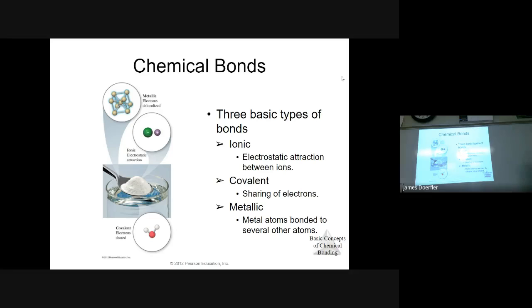Again, that should not be a new concept to us either. Third one might be somewhat new, and that is metallic, where we have metal atoms bonded to several other atoms. Because of these unique type of metallic bonds, that's kind of what allows us to have electricity. So it's a very important one.